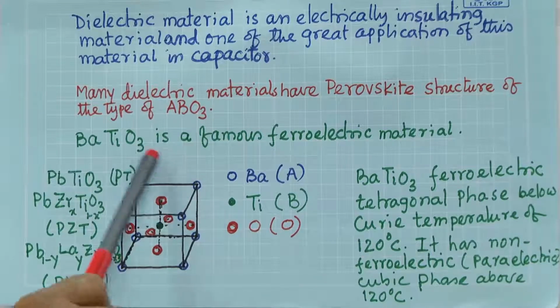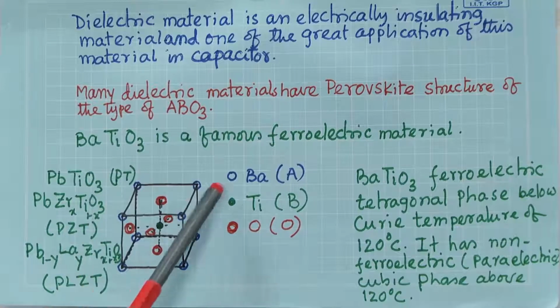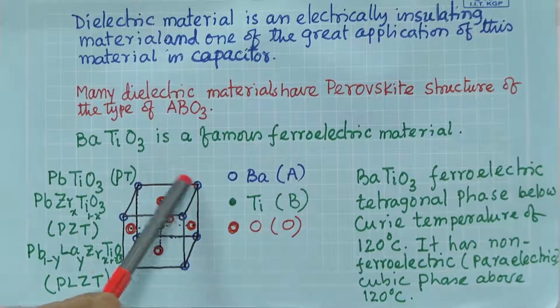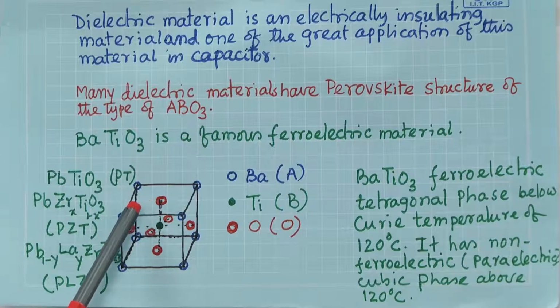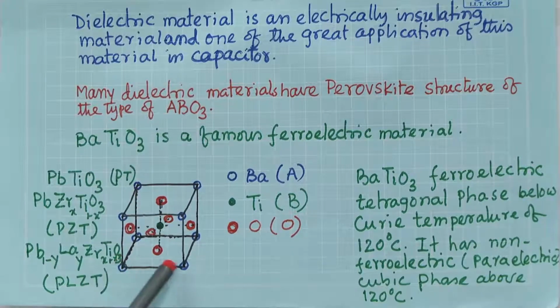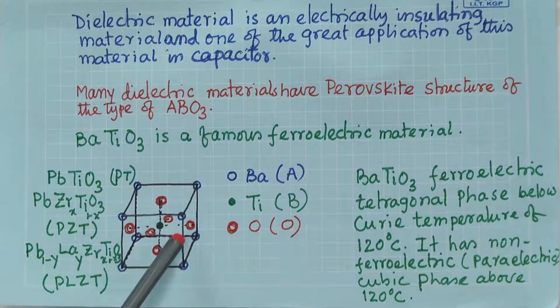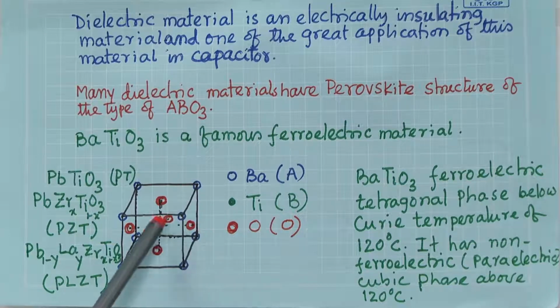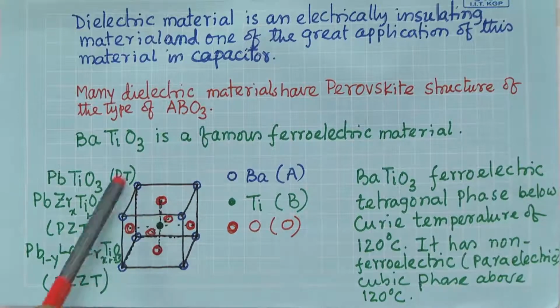The number of atoms per unit cell: A type has 1/8 contribution from each of the 8 corners, so it will be 1. Titanium, the B type, is in the body center, so it is 1 per unit cell.